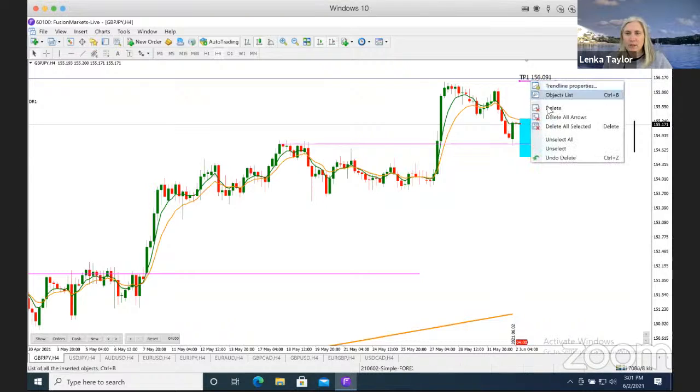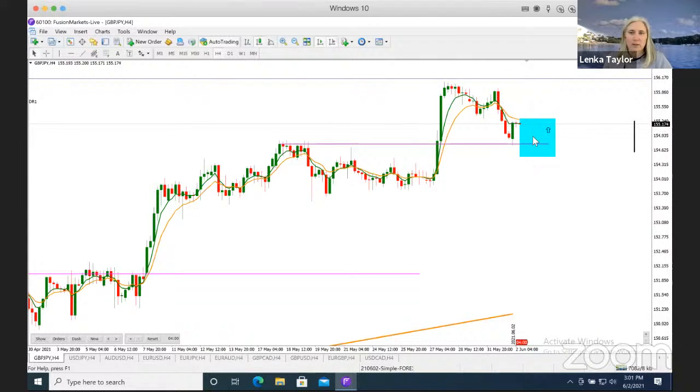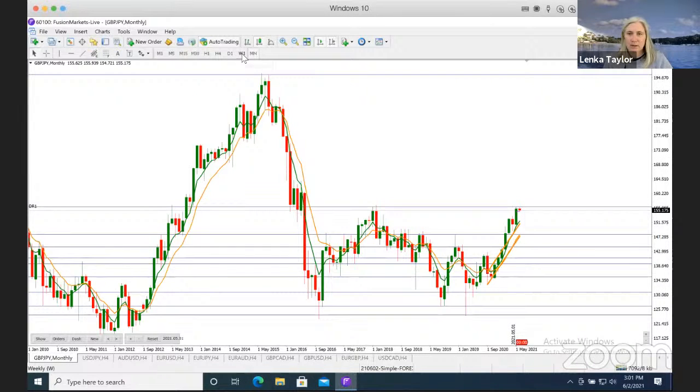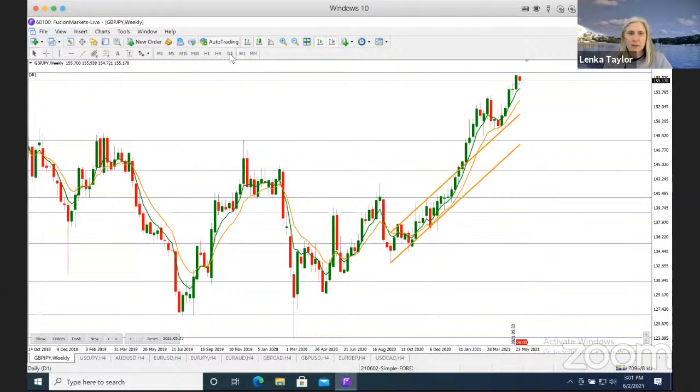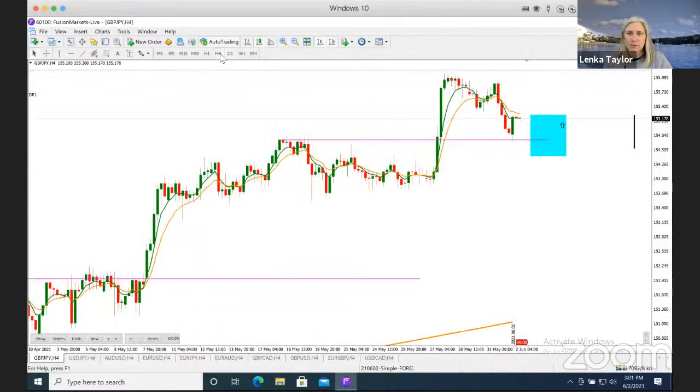So I'm not going to re-enter now, but still looking for a long on this currency pair. In terms of monthly, we're just on that horizontal, so not much room, but it is still an uptrend. So we'll wait to see what happens in the next maybe couple of bars or tomorrow.